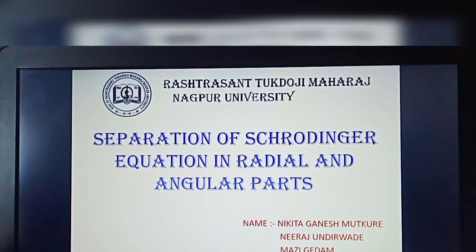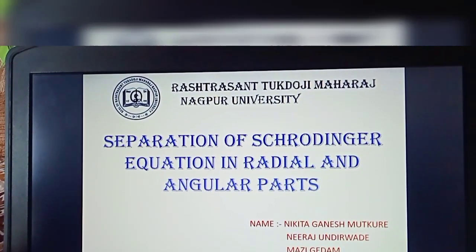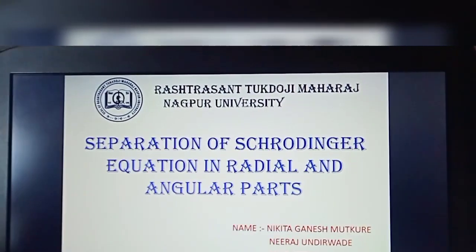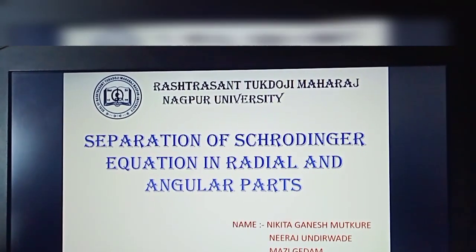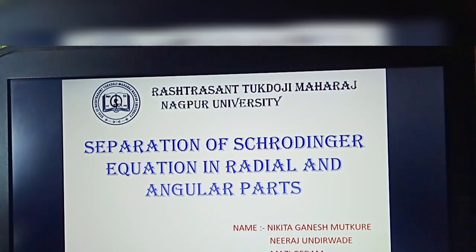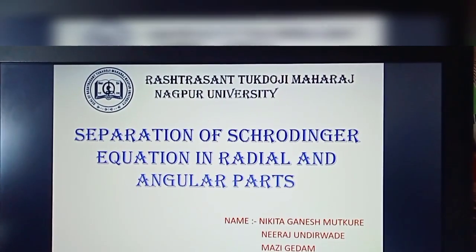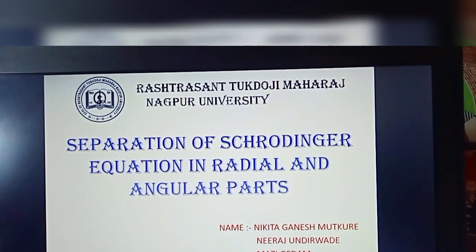The equation is named after Erwin Schrodinger, who postulated the equation in 1925 and published it in 1926. The Schrodinger equation is the fundamental equation of quantum mechanics in the same sense as Newton's second law of motion of classical mechanics.